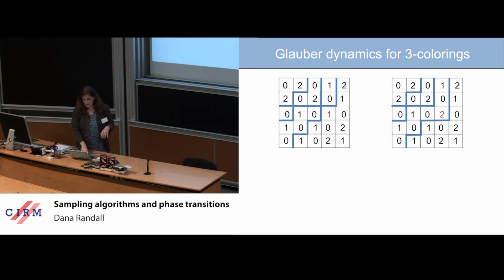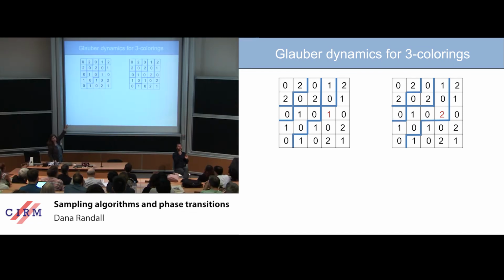Okay? And I have the exact same chain for 3-colorings. So on 3-colorings, I choose a point at random, and I choose one of the 3 colors. And if I can recolor it, I recolor it. Okay, so I chose that red 1, and I chose the color 2, and boom, I changed it to a 2. Okay, and I could go back by the exact same procedure.